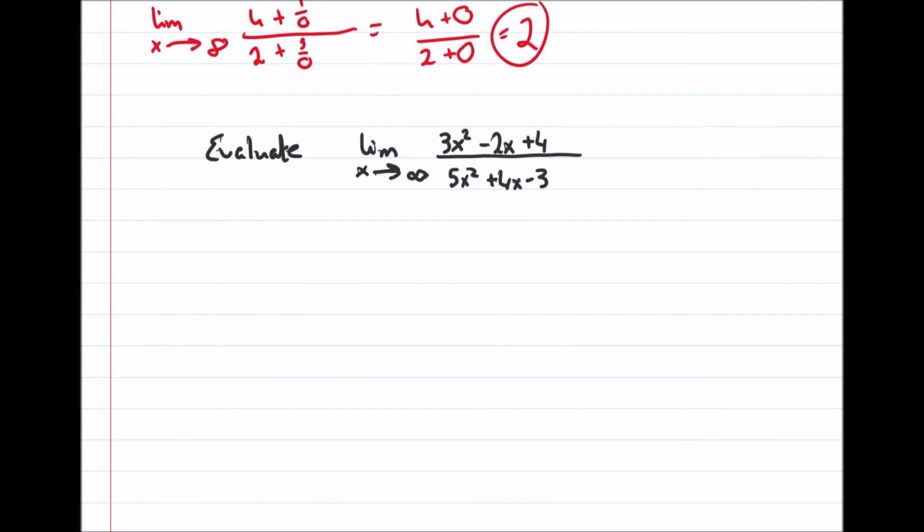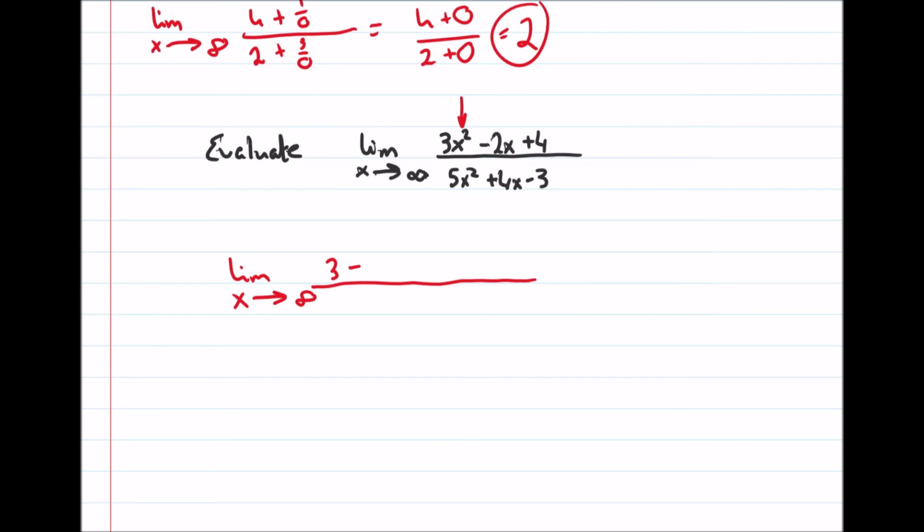Last one. We want to see what number this approaches as it goes to infinity. Same steps, look for the highest power of x and divide everything by that. Highest power of x here is x squared. So it's the limit as x approaches, or we can say tends to infinity, is this. So 3x squared, and we divide everything by x squared. So 3x squared divided by x squared is 3.